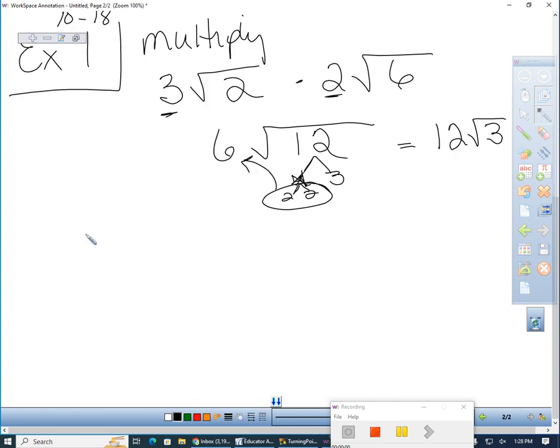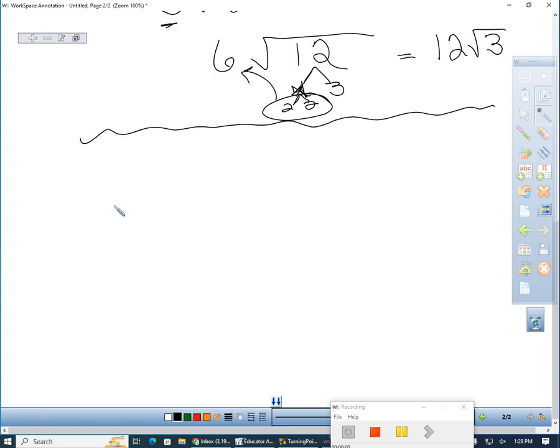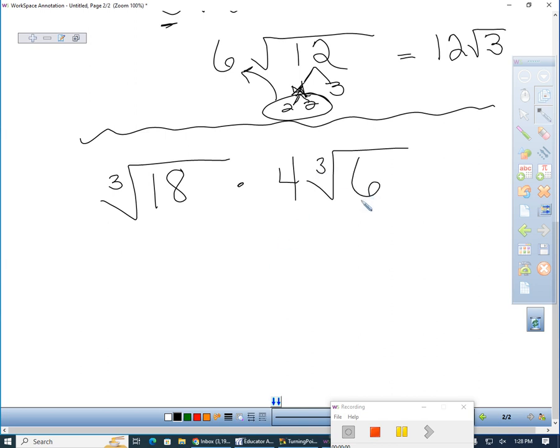All right. I want to do another one underneath the same one. Let's say I have the cube root of 18 times 4 cube root 6. Again, we multiply our outsides.